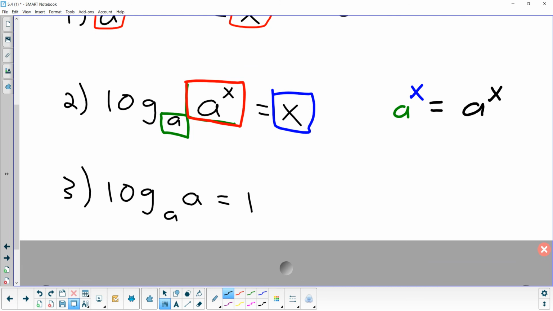Property 3 says that the log base a of a equals 1. In other words, log base 2 of 2 is 1. Log base 10 of 10 is 1. Let's change this one and see why it's true. Is this log form or exponential? Log.